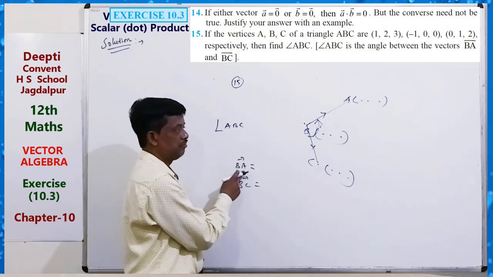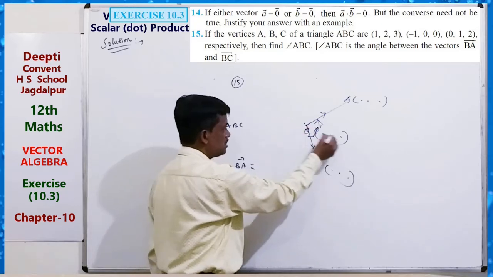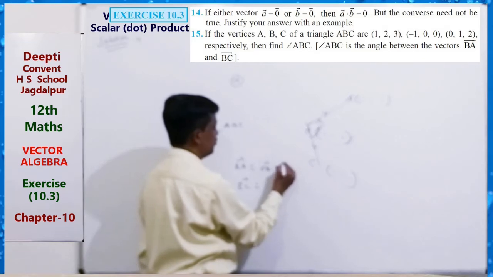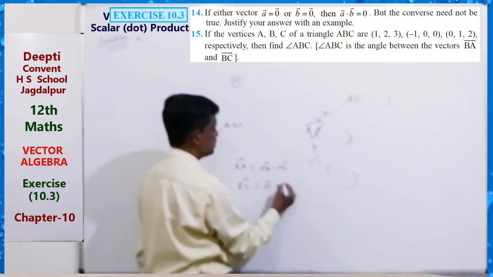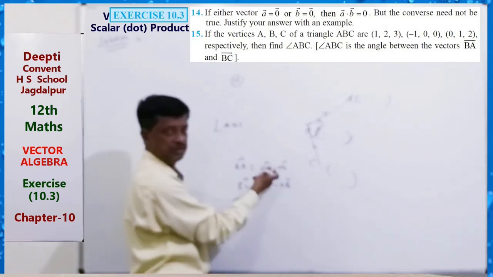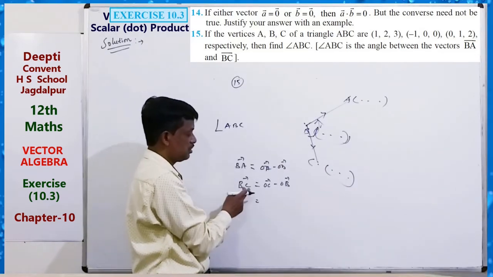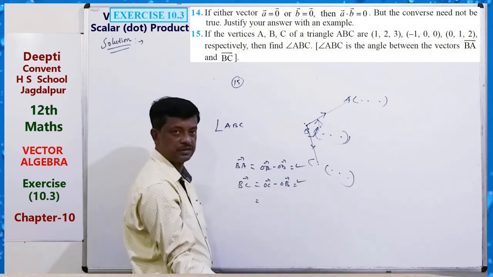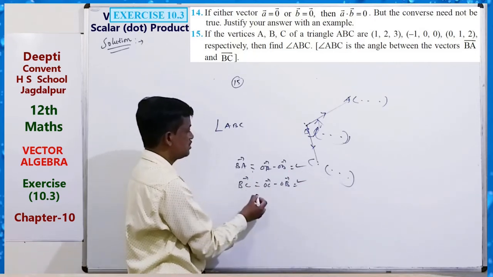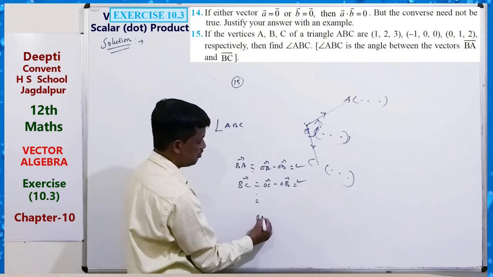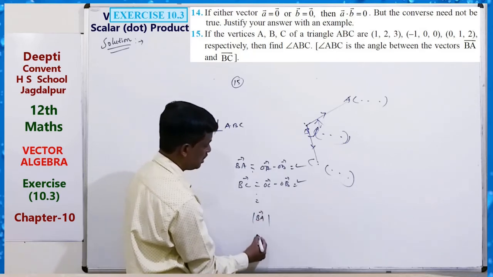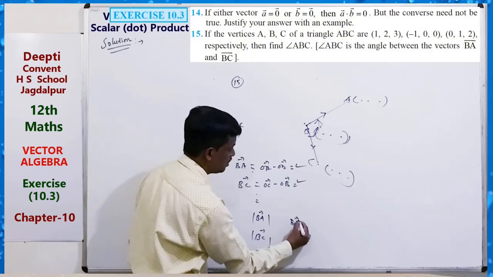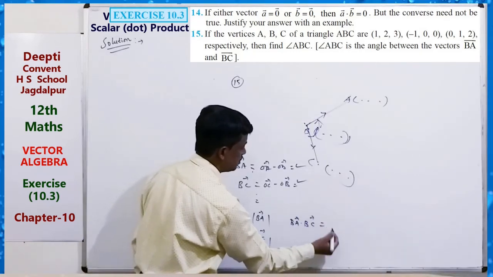First of all, find BA. Because each point is given, BA means OA minus OB, and similarly BC is OC minus OB, the position vector of C minus the position vector of B. Just put the values in and you get the vectors. Using these vectors we can do the dot product. We can get the moduli of BA and BC, and also BA dot BC.